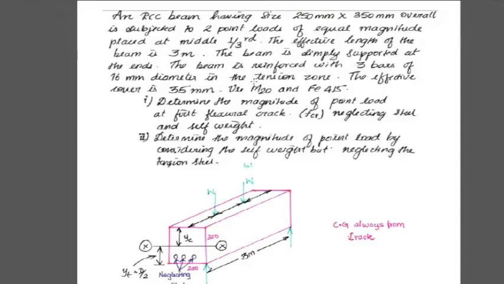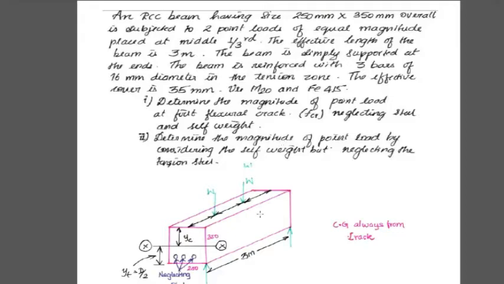Three numbers of bars, each having 16 mm diameter, and the effective cover 35 mm. Grade of concrete is M20 and steel is Fe415. So in case one, they are asking the value of W neglecting the sulfate and the steel weight. In the second case, they are including the sulfate but not considering the steel weight. Find the magnitude of W.